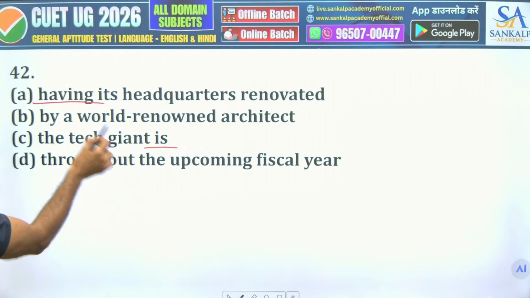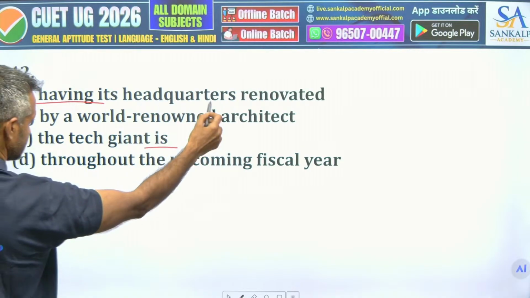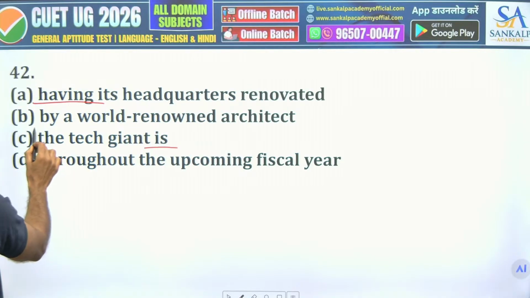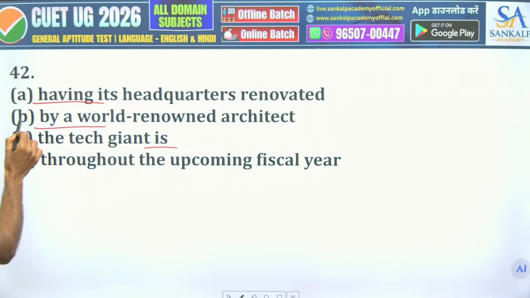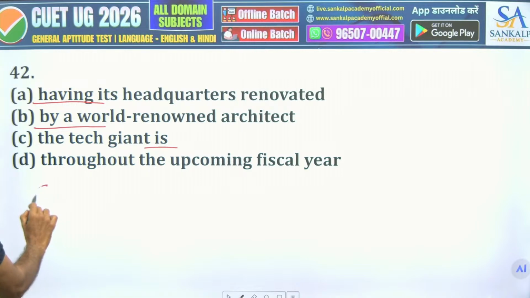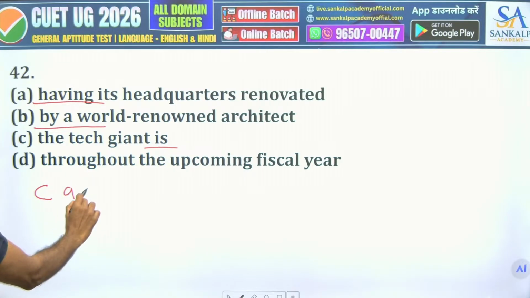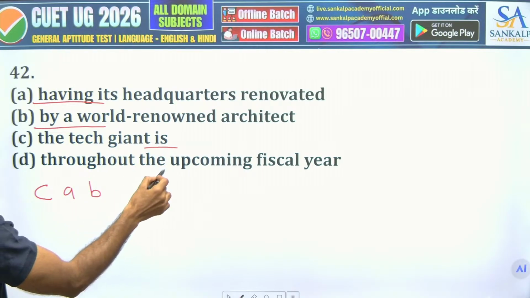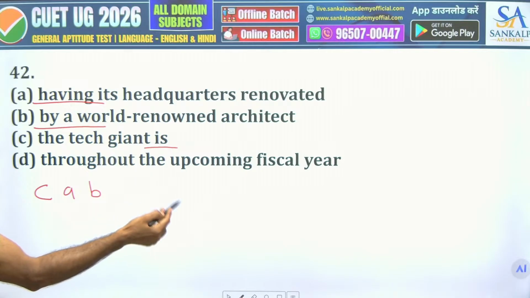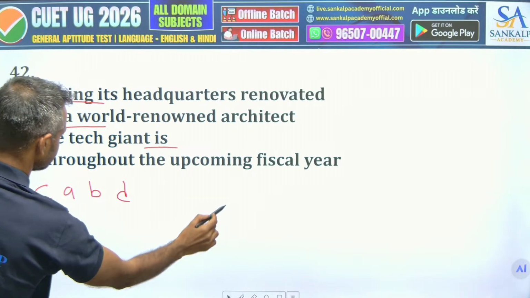The tech giant is having its headquarters renovated. As I said, it's a kind of passive here. So C A B D. All right, so the tech giant is having its headquarters renovated by a world-renowned architect throughout the upcoming fiscal year. D. Okay, next.